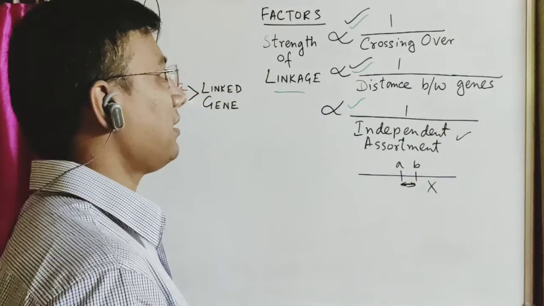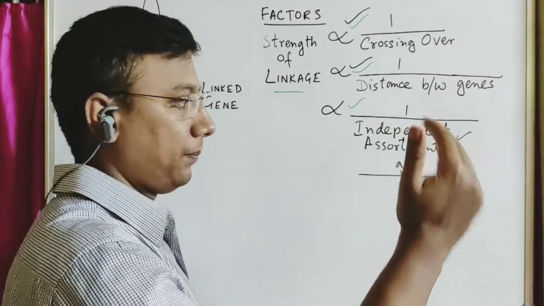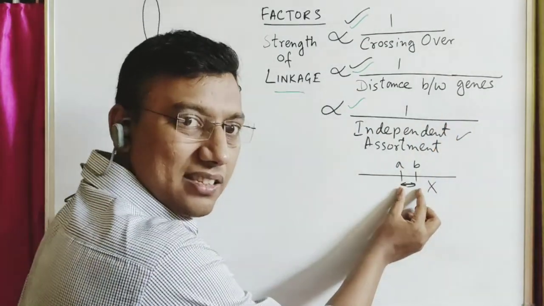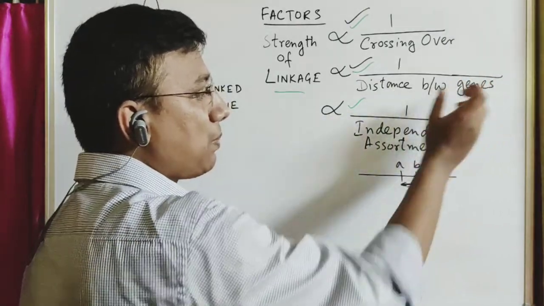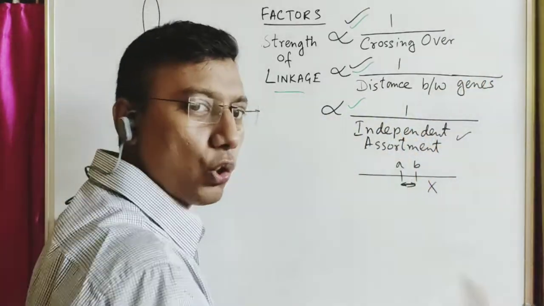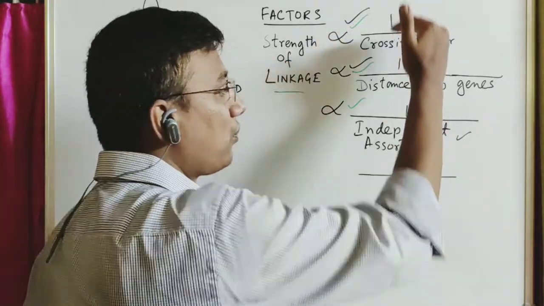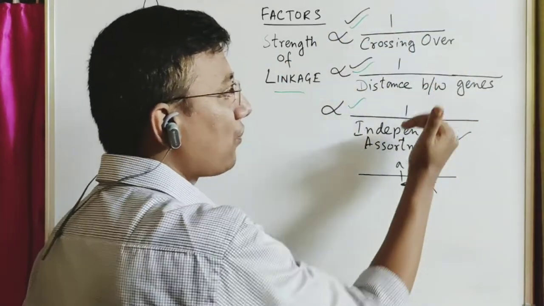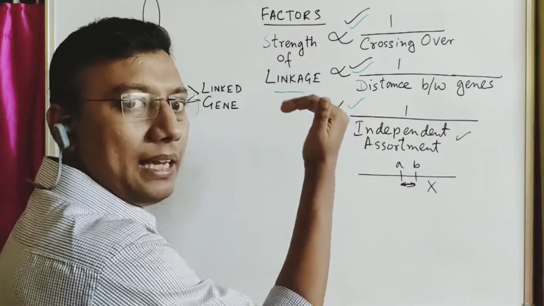So that means the strength of linkage will be higher. If the distance between the genes is low, that means no crossing over, no independent assortment, and if these three factors are low, the strength of linkage will be high.